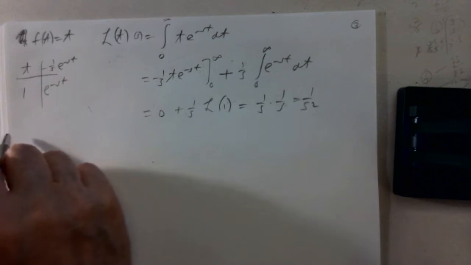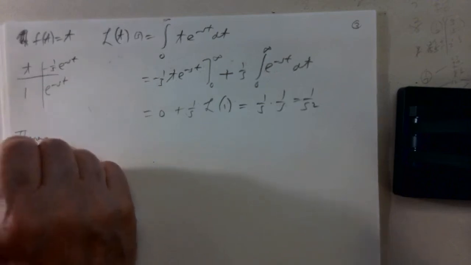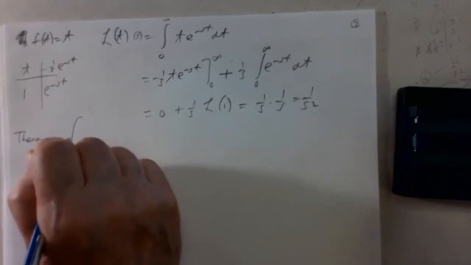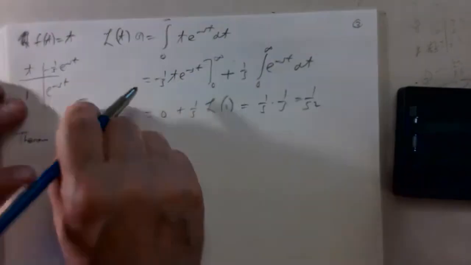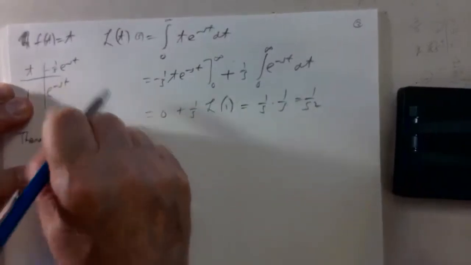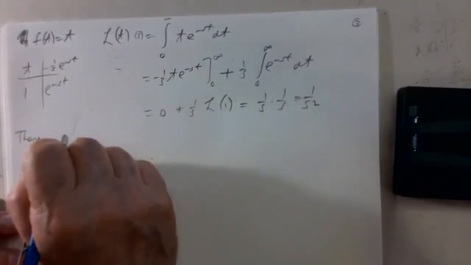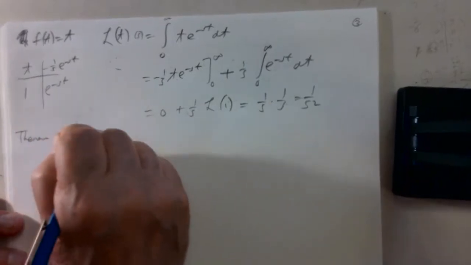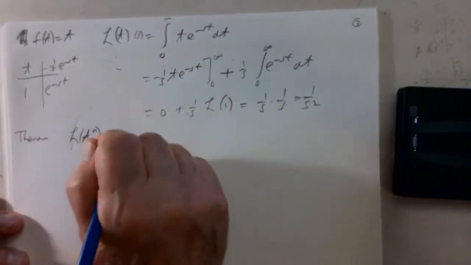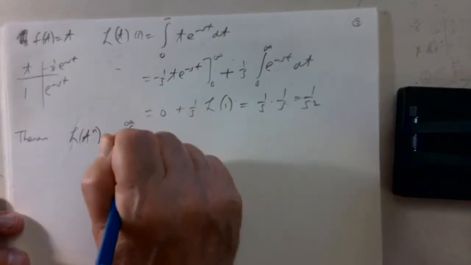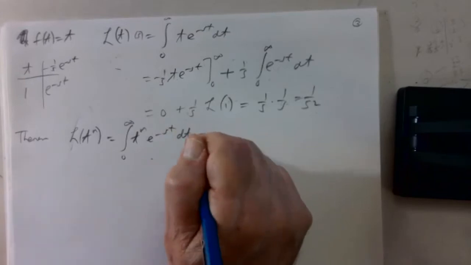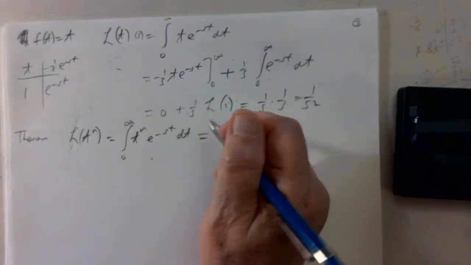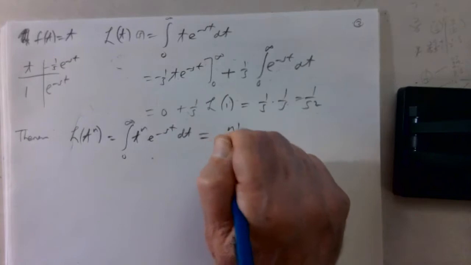So I claim that in general, the Laplace transform of any power of t, which is the integral from 0 to infinity of t to the n e to the minus st dt, is always equal to n factorial over s to the n plus 1.